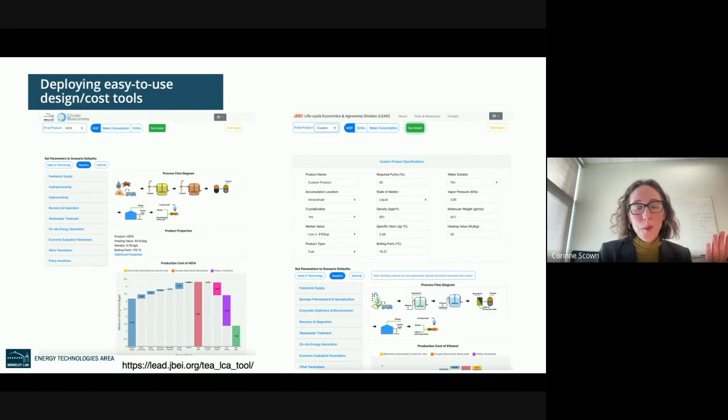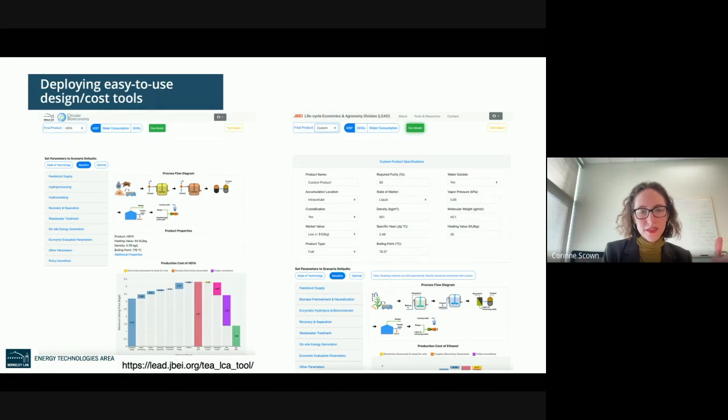We've tried to, particularly for biomanufacturing, look at sustainable aviation fuels, and then we've built the capability to model different microbially produced products. We've taken the process models that we've worked on for many years and translated those into a Python backend.